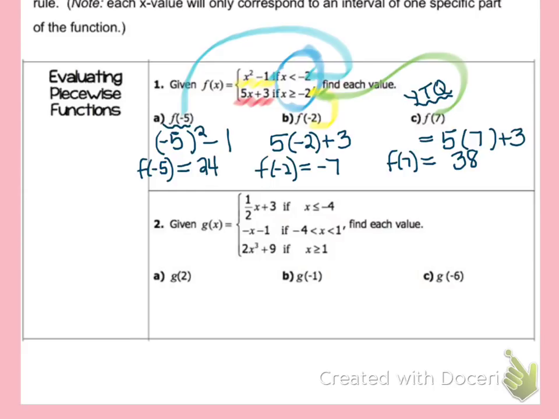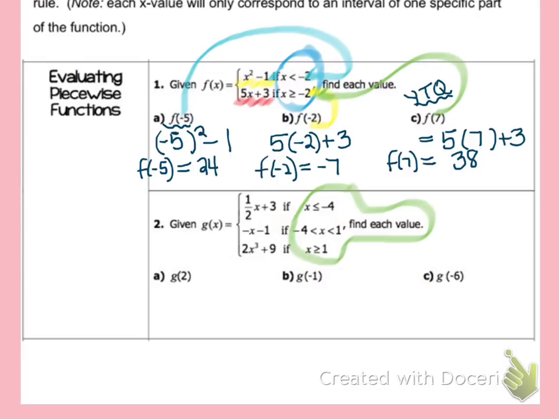This next piecewise function is much more elaborate. It has 3 different pieces, and so of course it has 3 different intervals, and each of the parts is a little bit different. This first piece is a linear function, 1/2 x plus 3, and that's the way the function behaves for input values that are less than or equal to -4.